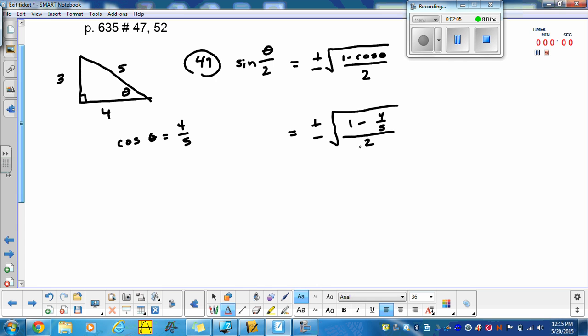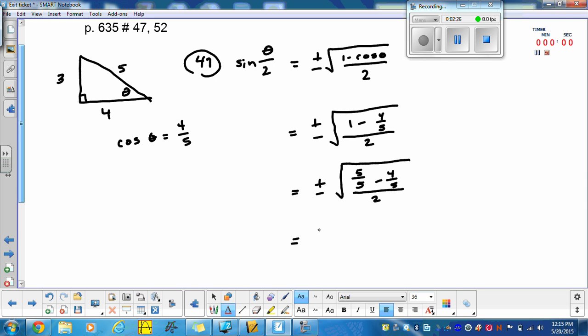We're going to find a common denominator for the first piece, and the common denominator for 1 and 4/5 is going to be fifths. So we'll make this 5/5 instead of 1, minus 4/5, and all of that's over 2.